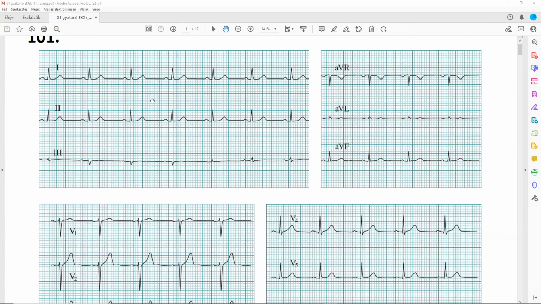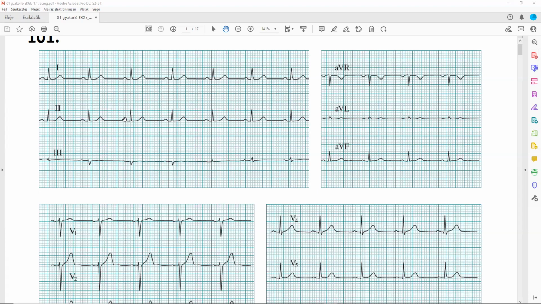Now, another one, we have to go a little bit further because today we're discussing the impulse formation abnormalities as well. So we have to look at where the impulse is formed.